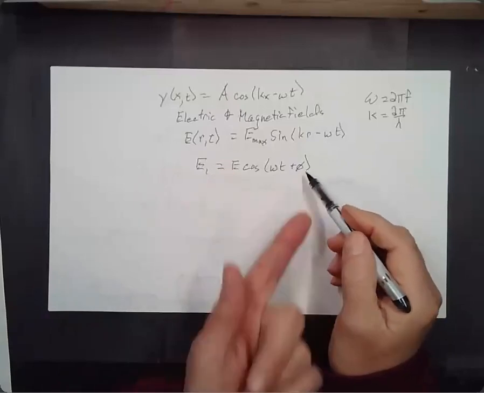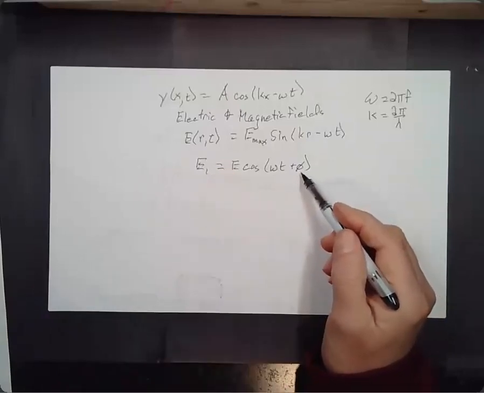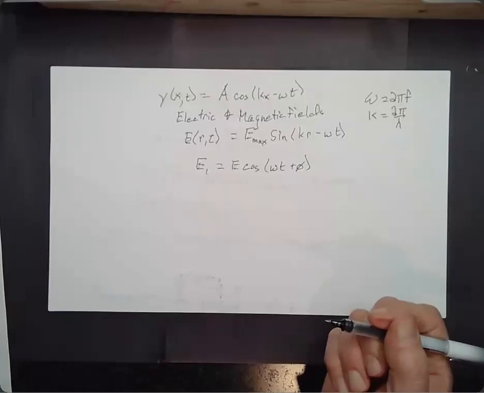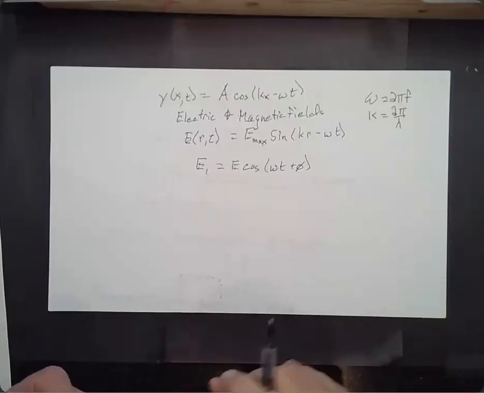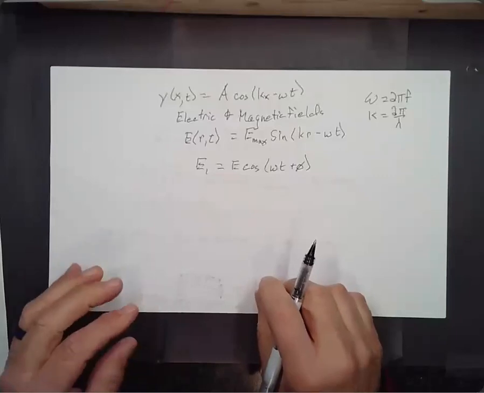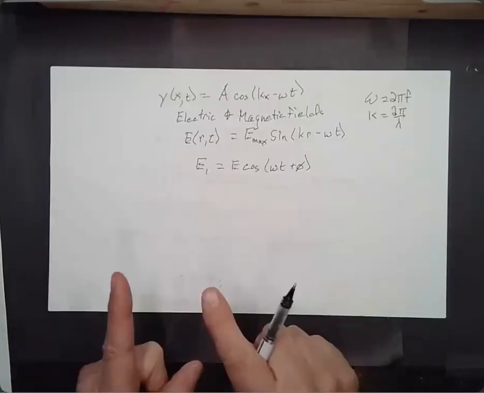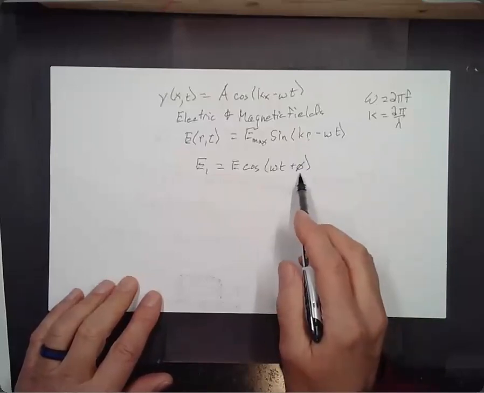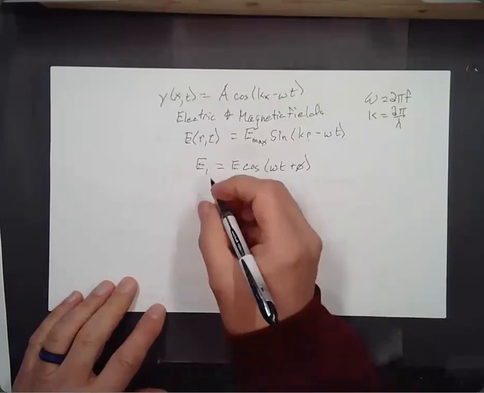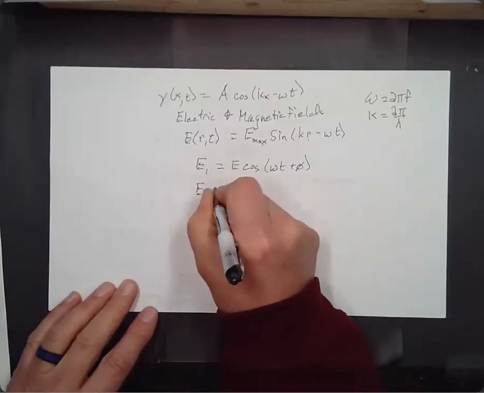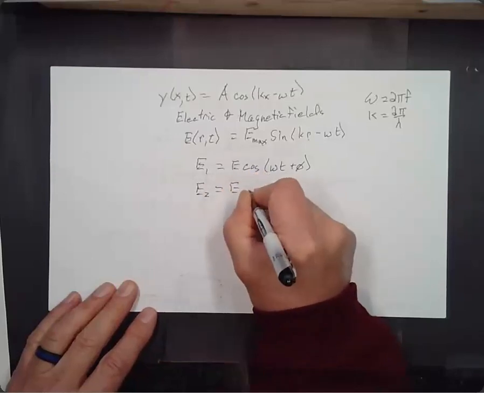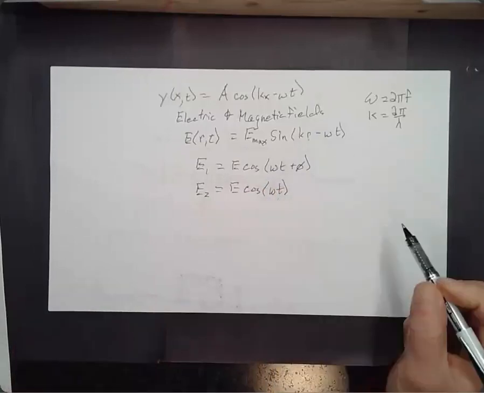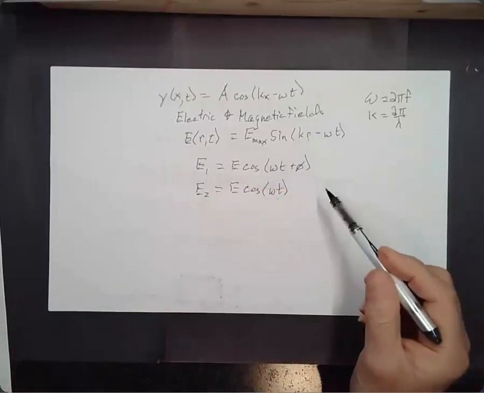And the phi is going to be a phase difference that can arise because maybe both waves started out from the same point in space, or at some point in space they were identical, but then because of their traveling different distances, different values of r, phi can arise because of that. And then maybe E2 could be some other wave, and it'll be just plain E cosine of omega t. So at this point in space, we might measure it like that.